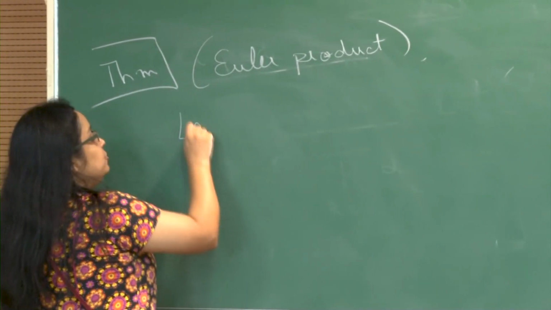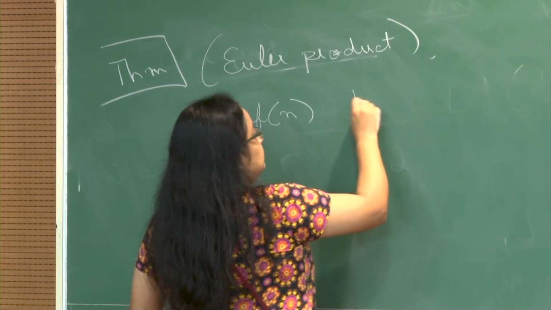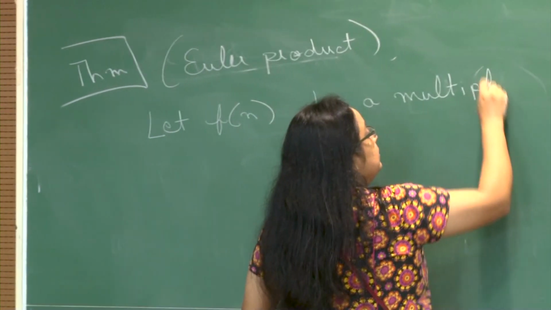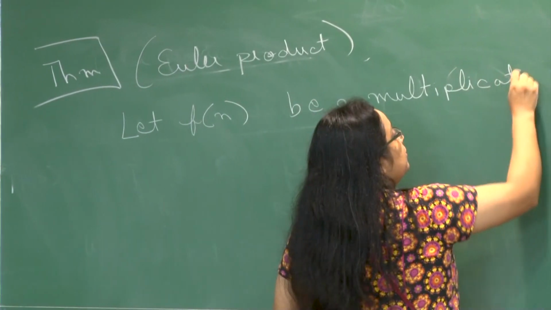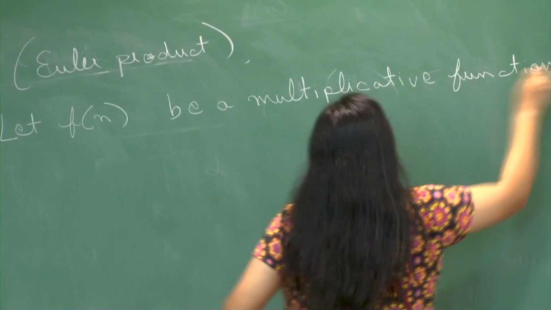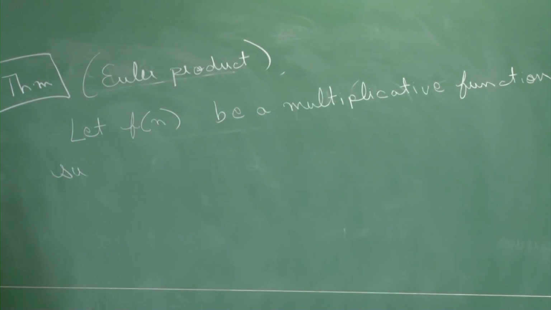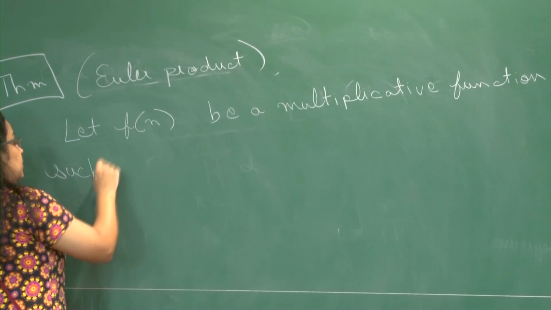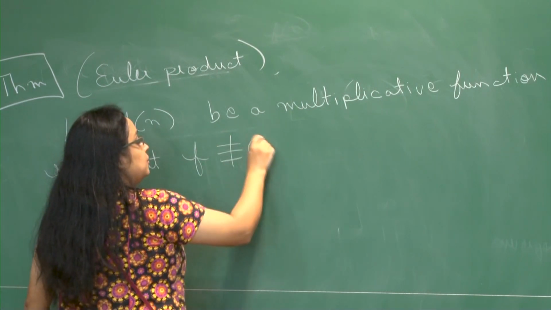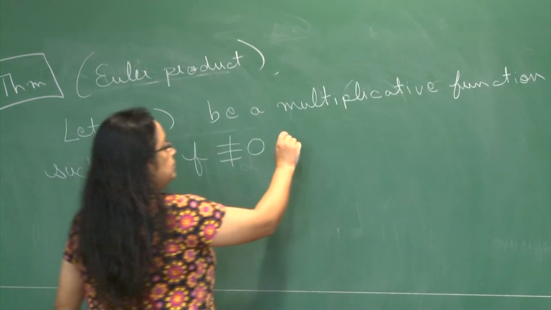You have to start with a multiplicative function. So let f of n be a multiplicative function which is not identically 0. So I am taking a non-trivial multiplicative function. Before I continue with the theorem, a small remark.